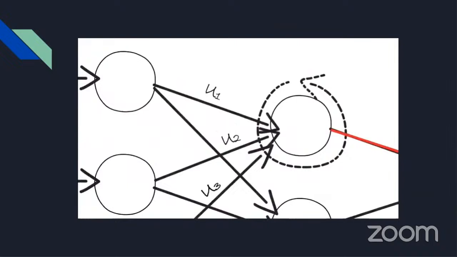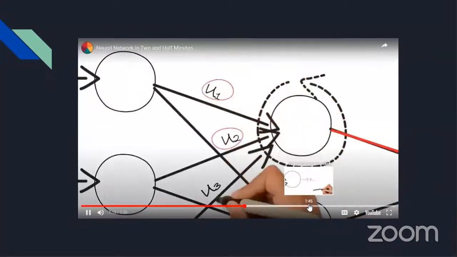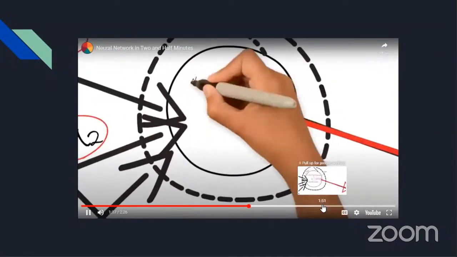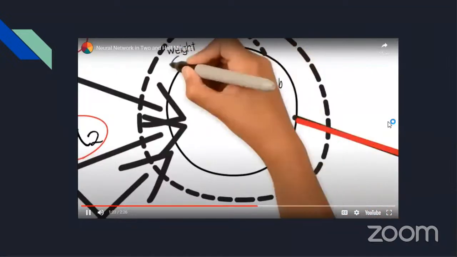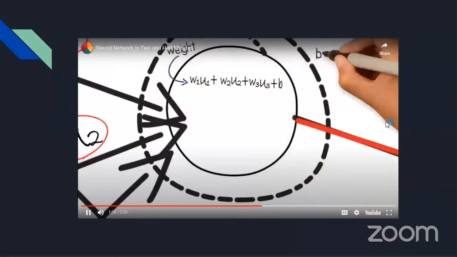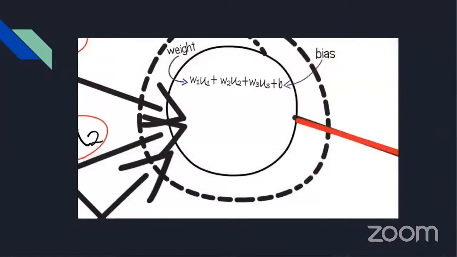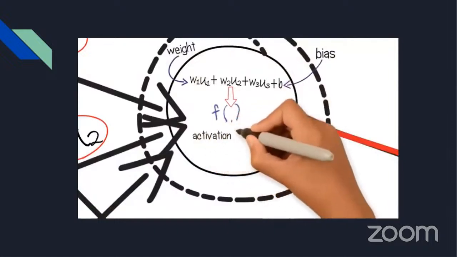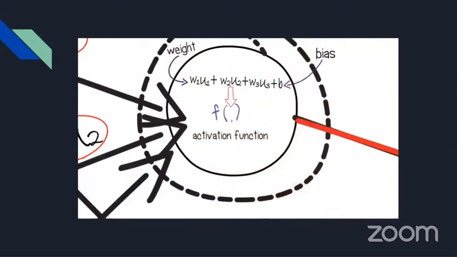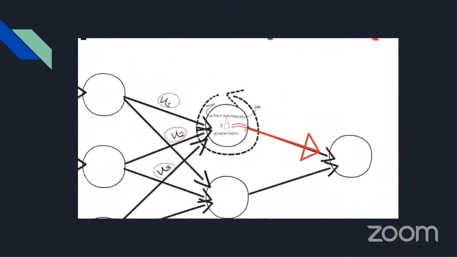This is what happens within a node. A node receives information from multiple nodes of the previous layer. These are multiplied by unique weights and added together with a small value called a bias. This total is processed by a function called the activation function and leaves the node as output.